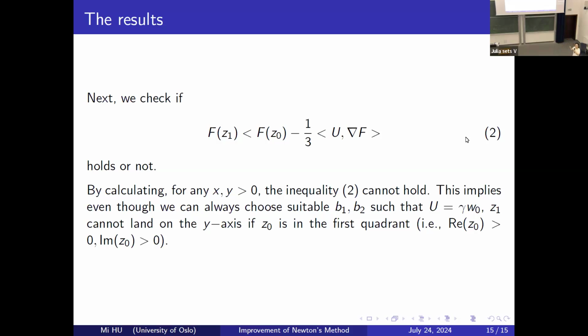Then, to simplify, you use this vector u, because your wk must be one of your vectors u if you choose b1, b2 properly. It doesn't work here, it shows. But the proof is not finished yet, because there is another case. It might cross the y-axis. You still need to go on to prove it.